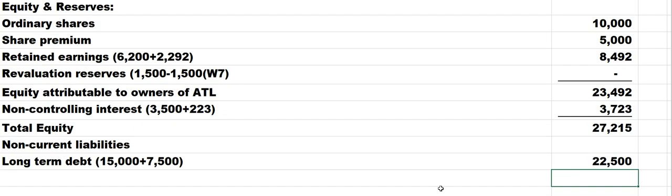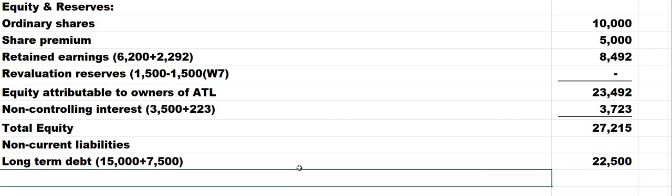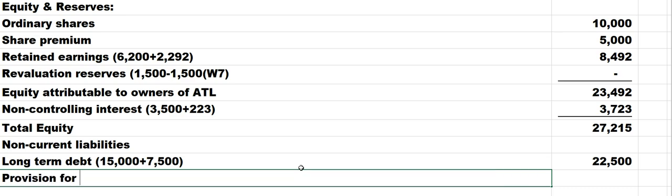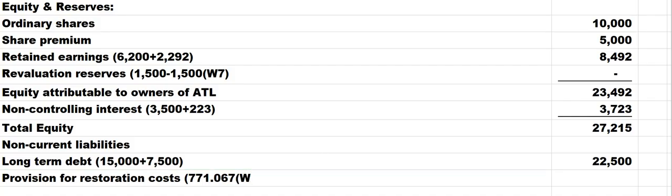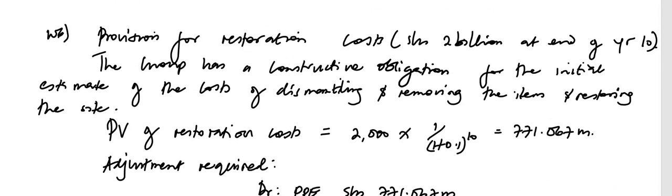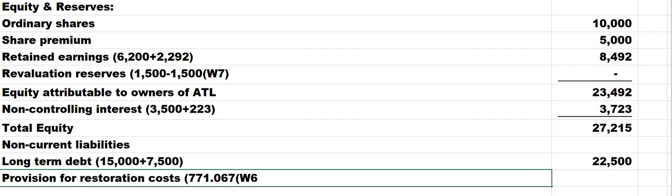This gives you 22,500. Then there is a provision. This is long term provision for restoration costs. The amount is 771.067. This is from working 6. Don't forget to name your workings.